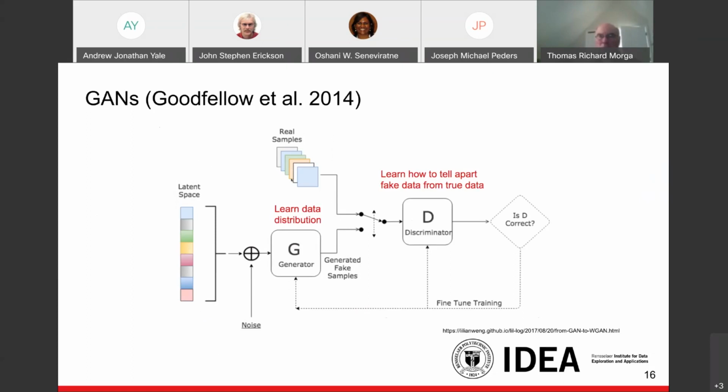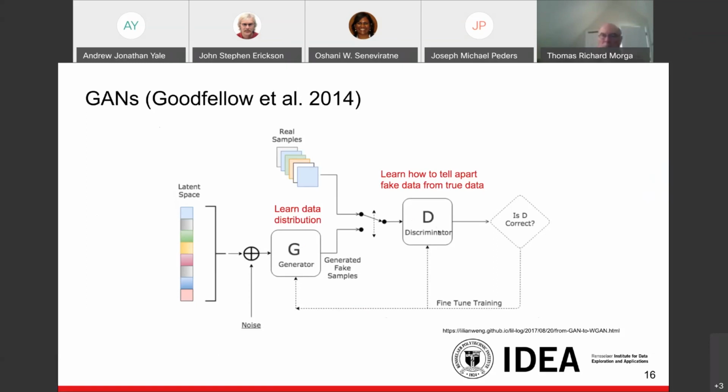You create a generator network that takes samples from a latent space, basically noise, and generates synthetic data. Then the synthetic data and real data are fed into the discriminator, which is trying to learn what is real versus what is synthetic.